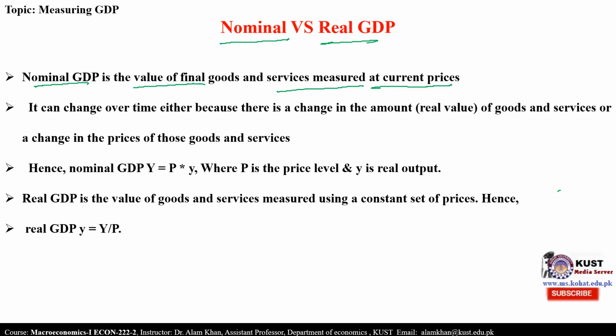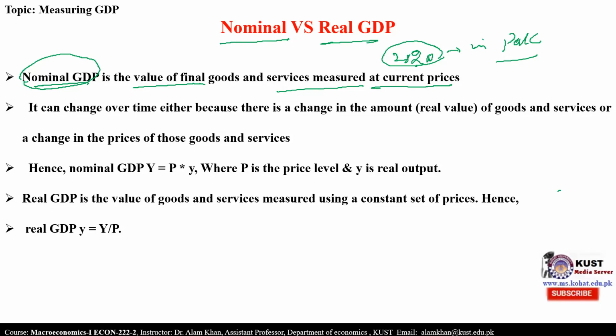For example, whatever is produced in 2020 in Pakistan, if we are calculating the market value of all final goods and services in the current year 2020, then it will be called nominal GDP.